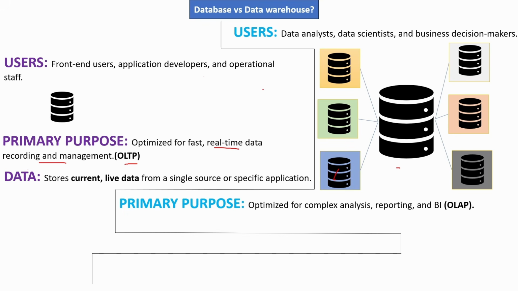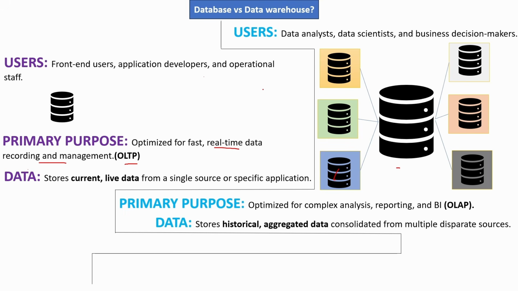In the same fashion, the data warehouse's primary purpose is analysis and reporting, which requires historical data as well. So it is used to store historical aggregated data consolidated from multiple disparate sources.